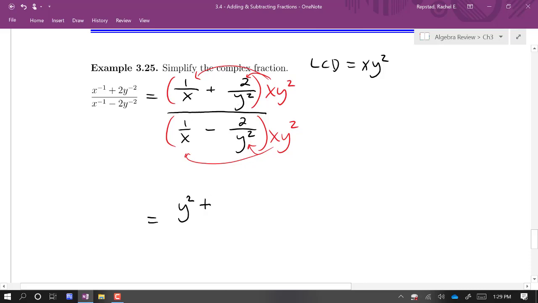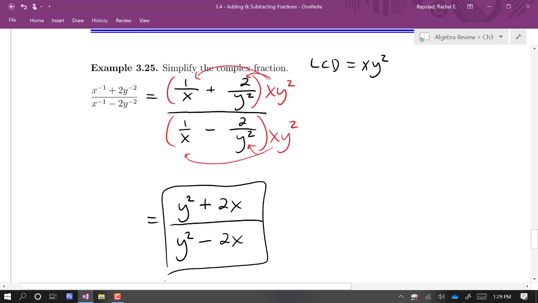Plus 2 over y squared times xy squared. Well, the y squareds will cancel, and we get 2x. In the bottom, 1 over x times xy squared, the x's will cancel. I get y squared minus 2 over y squared times xy squared is 2x. And this is as far as we can go. We cannot cancel over addition or subtraction, so this is as simplified as it gets.